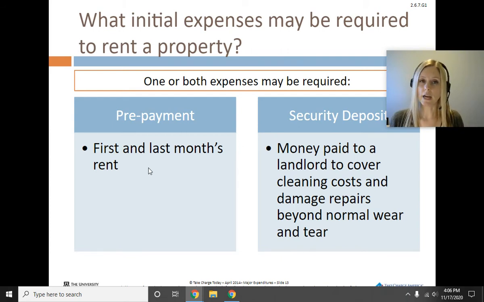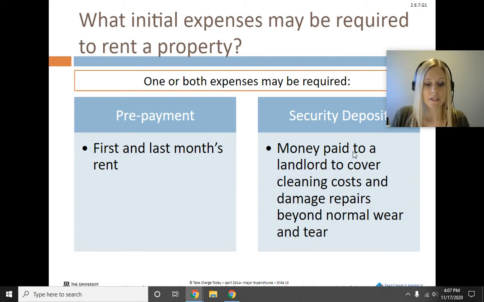But then if you decide to leave at the end of December, you've already paid for December, and so now you can use what you would have paid in December to secure the new house where you're going to be staying. And this is also just to make sure that if you flake out on them and they can't get payment from you, they've already kind of covered themselves financially to not lose out on that rent payment.